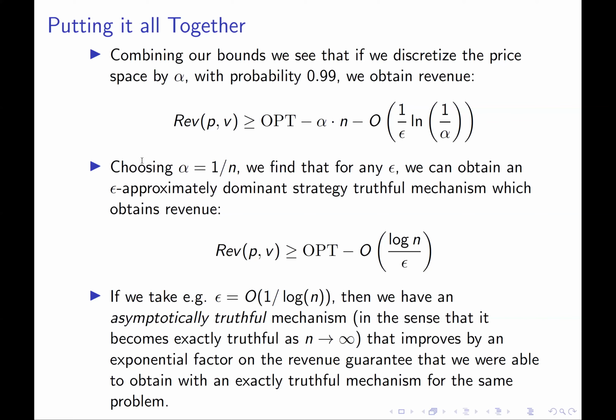It's really promising protections against arbitrary unilateral deviations, which is what gives it this connection to mechanism design and game theory, because all of our solution concepts, dominant strategy truthfulness, Nash equilibria, correlated equilibria, have been defined via this idea of unilateral deviations. And this connection goes further.